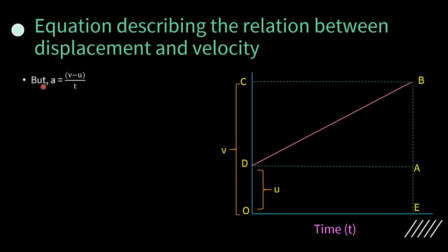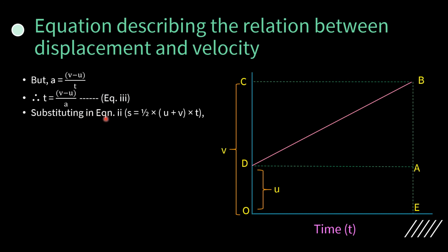Children, we already know that acceleration A is equal to final velocity minus initial velocity in the given time. On rearranging this equation, we will get T is equal to V minus U by A. So let us name this as equation number 3.